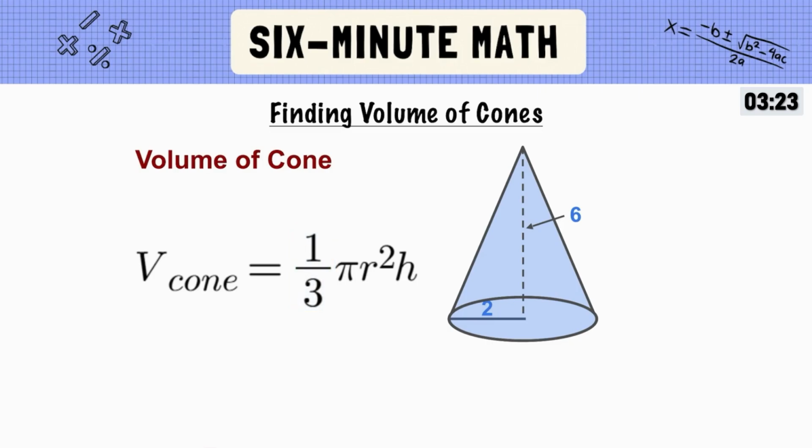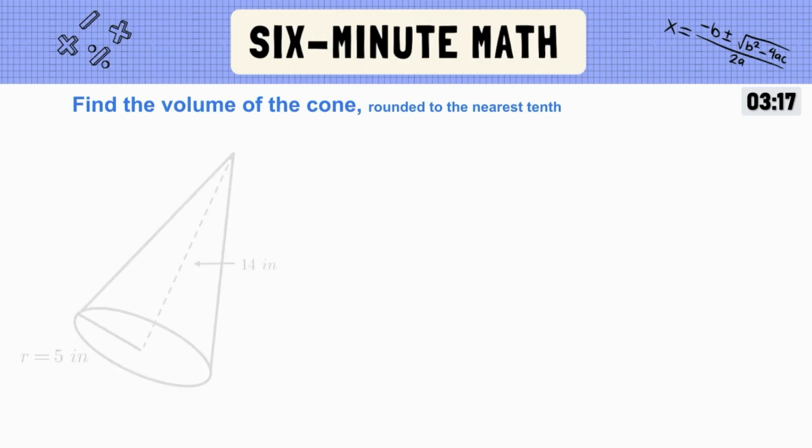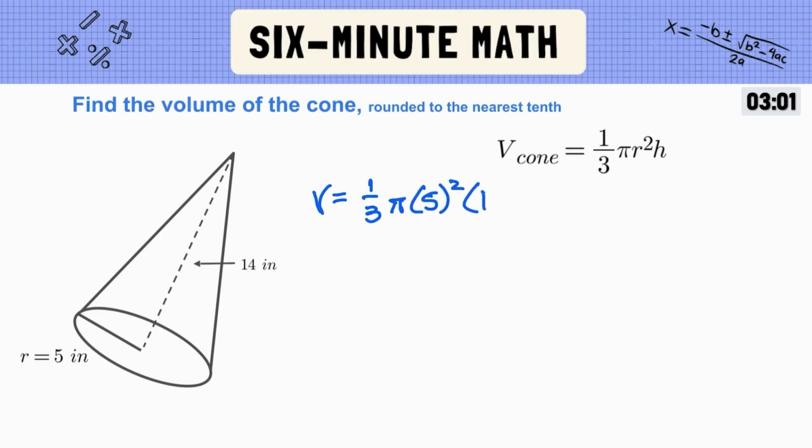So let's check out some examples using that formula. We're going to find the volume of the following cone, and I'm going to round it to the nearest tenth. So we have our formula, and I'm just going to plug some numbers in. Our volume is equal to 1/3 pi times 5 squared multiplied by my height of 14. This is going to give us 1/3 times 1099.5574.